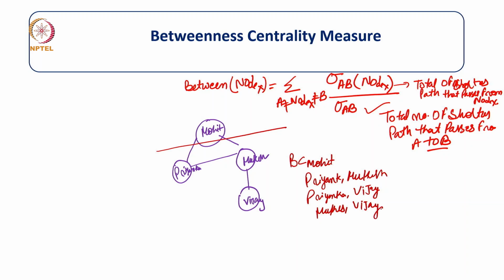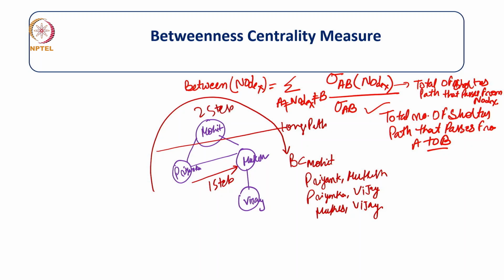Now, the shortest path between Priyanka and Mukesh is this. There is another path from Priyanka to Mukesh, but this is a longer path compared to this, because here Priyanka has to move only one step, but here two steps. Similarly, for Priyanka to Vijay, this is the shortest path, one step this, one this, a total of two steps.